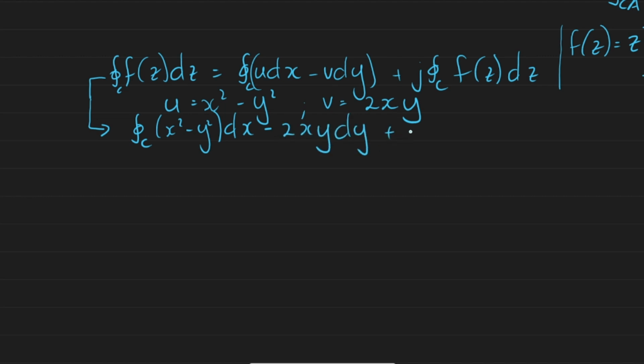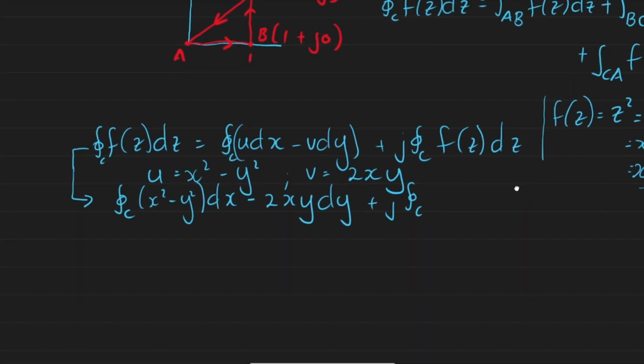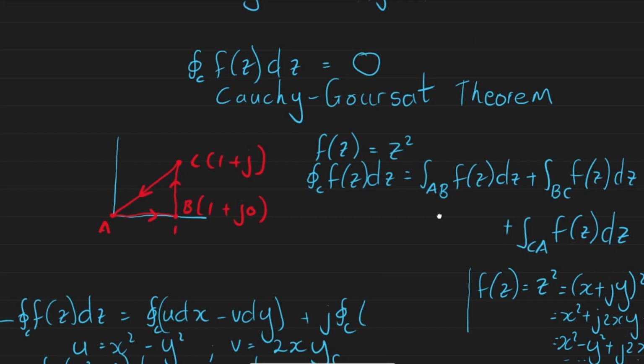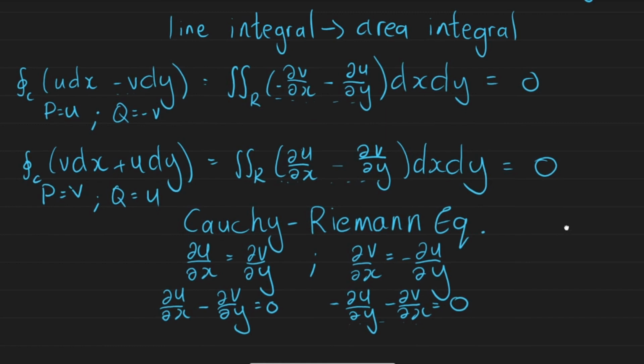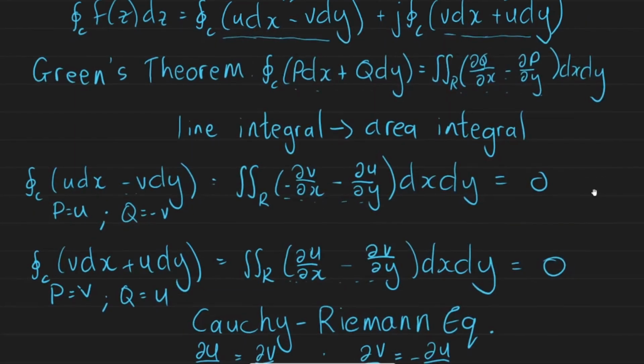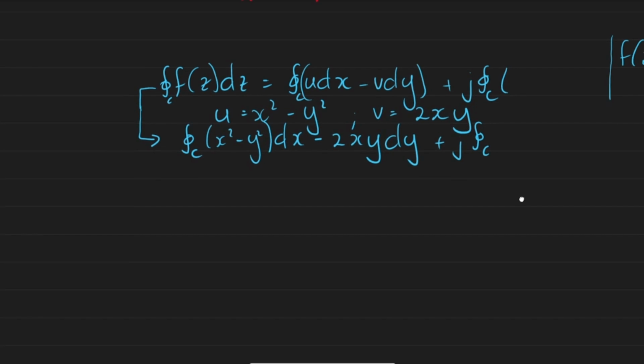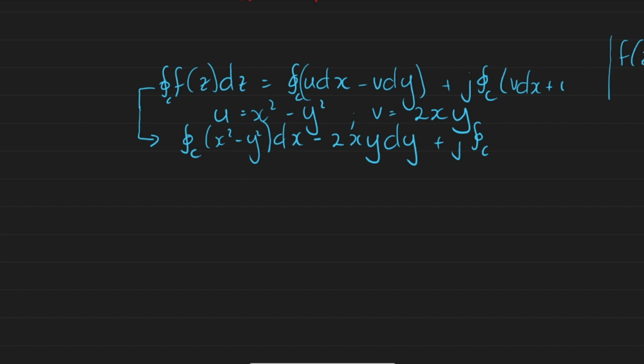Then we have plus j, and we can put in what this integral was equal to as well, and that was v dx plus u dy.